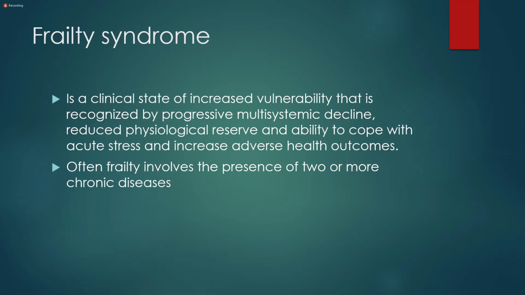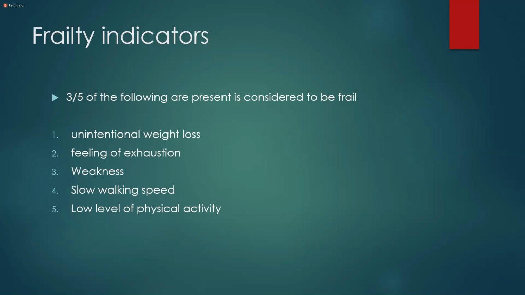Okay? Pero hindi naman lahat kasi meron tayong gagamitin na frailty indicators. So, if you have 3 of the 5 following present, no? 3 out of these 5, this is actually yung mga indicators for frailty. So, if you have 3 of these 5, unintentional weight loss, yung unintentional kumakain naman, pero pumapayat pa rin.